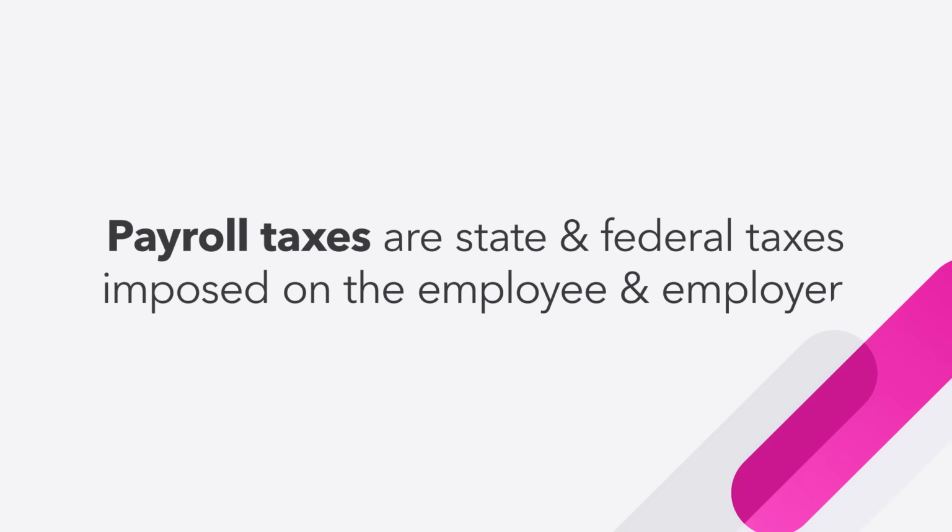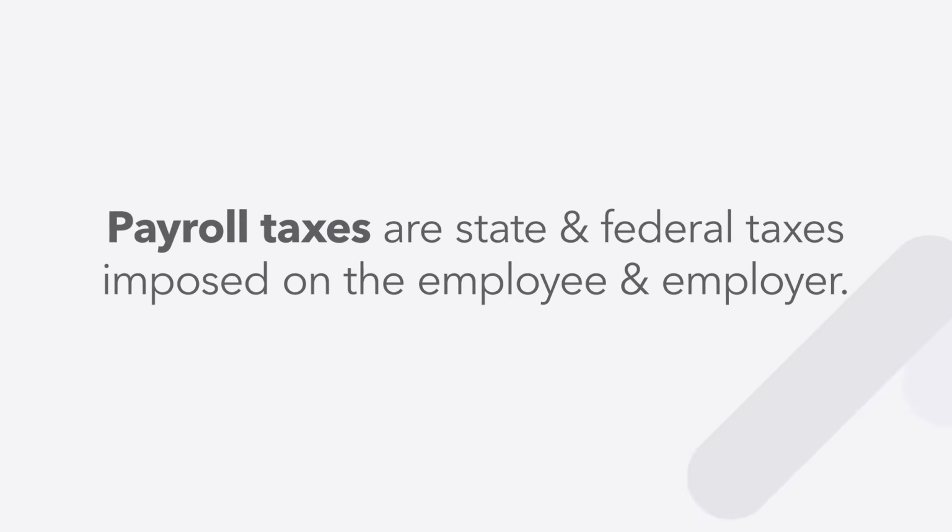And then next, payroll taxes. Essentially, Social Security and Medicare are funded through payroll taxes. And then state unemployment and disability insurance vary from state to state, but those are all payroll taxes. There are employee portions of it and then employer portions of it.